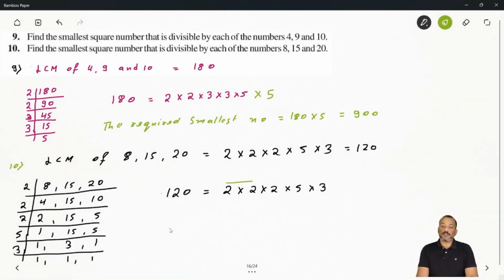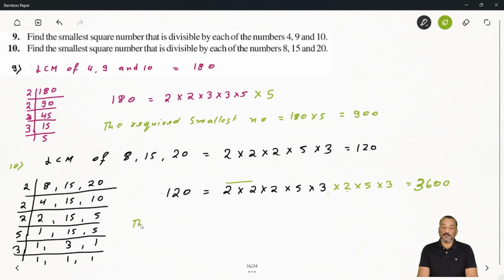So here you can say this 2 is unpaired. So to make this 2 a pair, we can multiply with 2. To make this 5 a pair, we will multiply with 5. 3 pair, so multiply with 3. So which means here if you multiply, you will get 120 times 2, that is 240. 240 times 5 times 3, so you will get 3600. Okay, so which means 3600 is your smallest number.